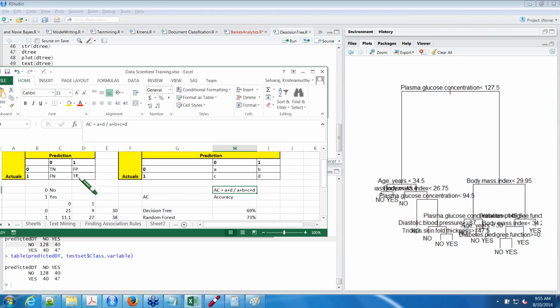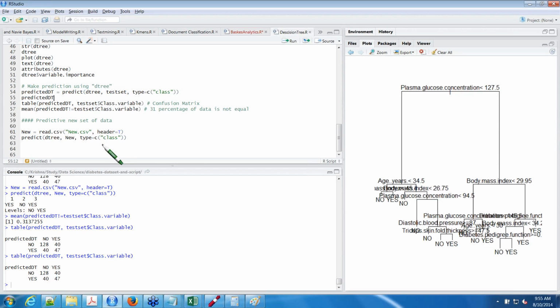In the predict method, is type the independent variable? No, type is one more option, which can be probability. Instead of yes or no, it will give the probability value. That's the meaning of type equal to class. It is the type of the dependent variable.